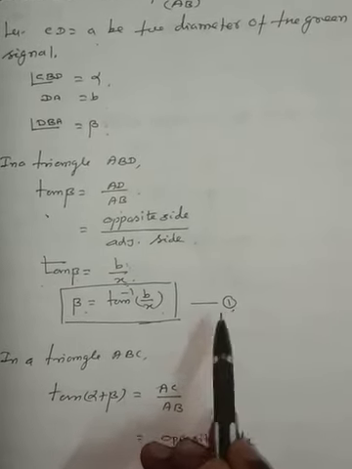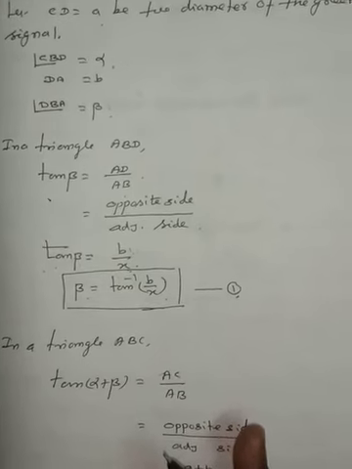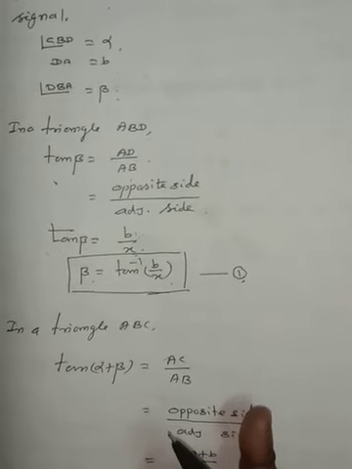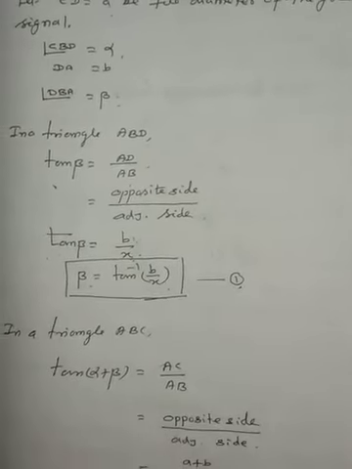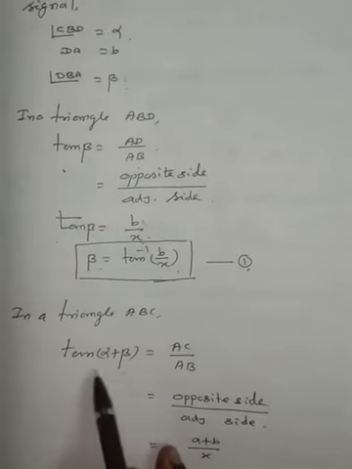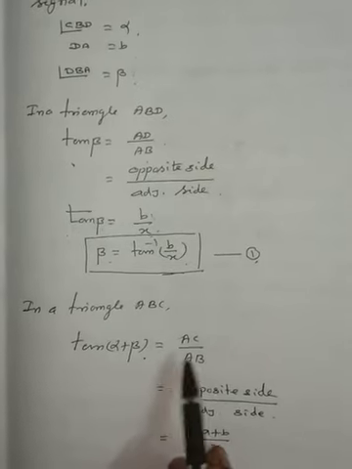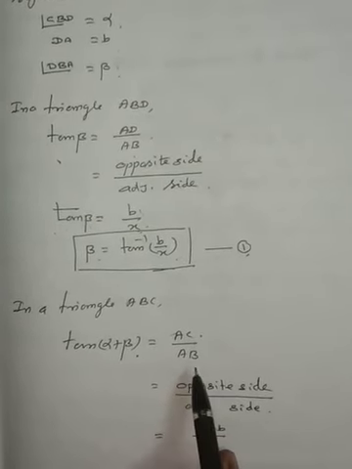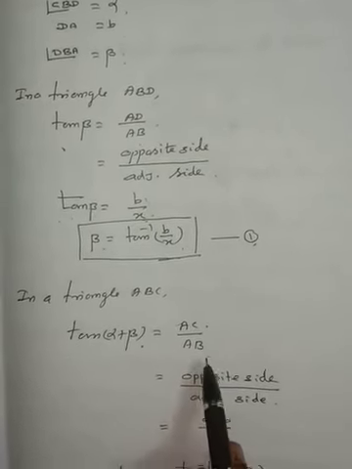Next, take the big triangle ABC, which is a right angle triangle. Tan of alpha plus beta is equal to opposite side AC divided by adjacent side AB.